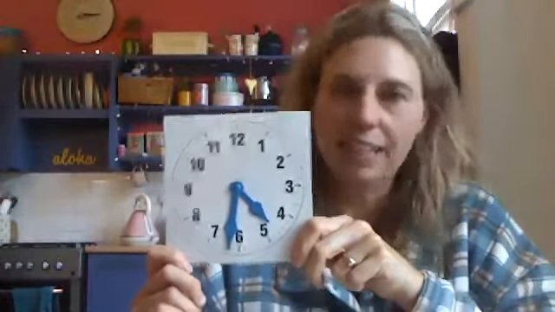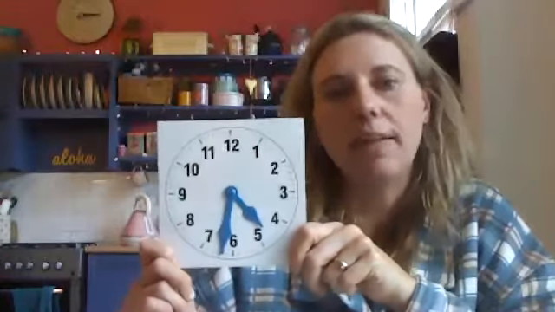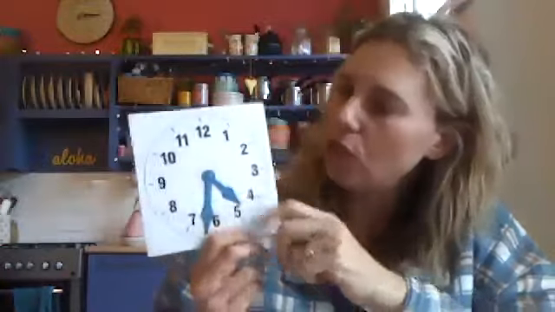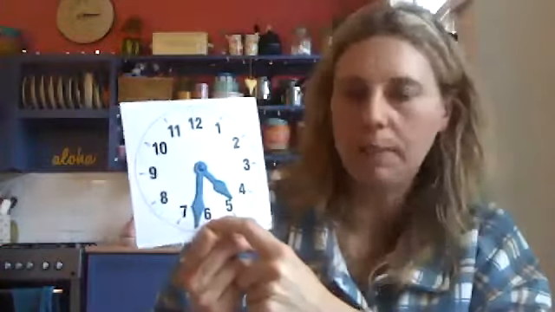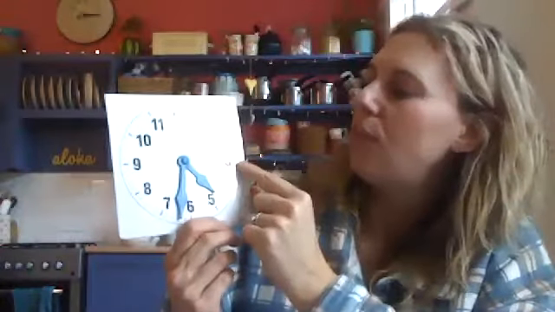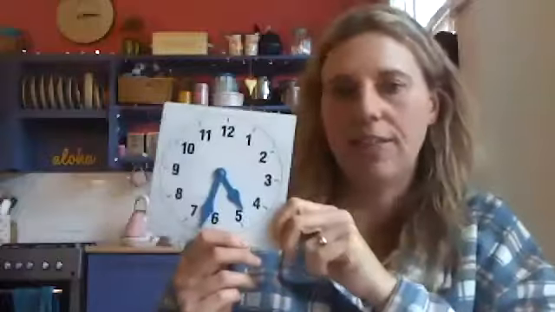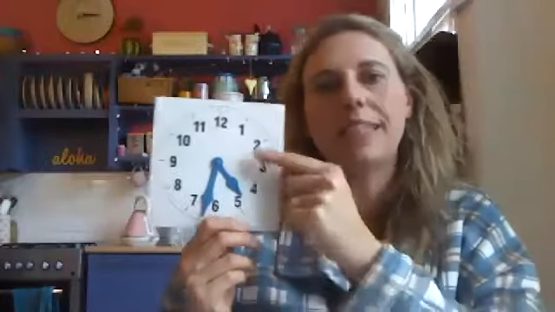So we never have less and we never have more. They're always in the same place on the clock. The 12 is always at the top, and the 6 is always at the bottom, and the 3 is always on the right, and the 9 is always on the left. The numbers have a special place on the clock.